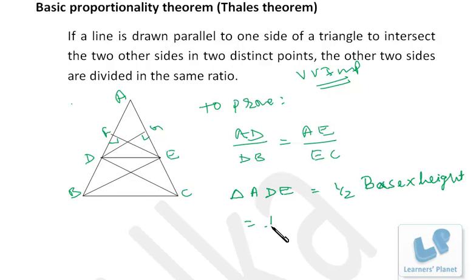Here I'm talking about triangle ADE, so AD is base and EF is altitude, right? So half AD into EF, right?